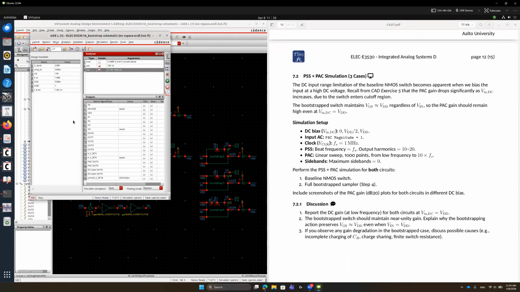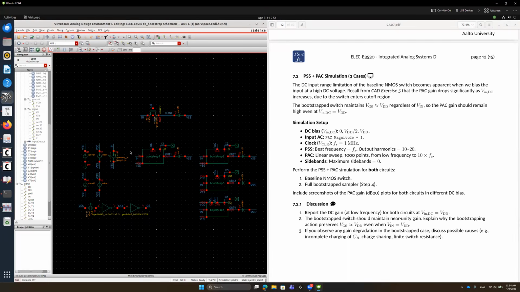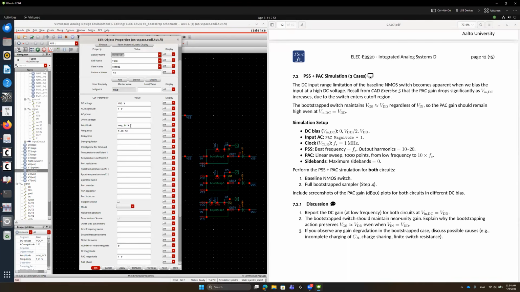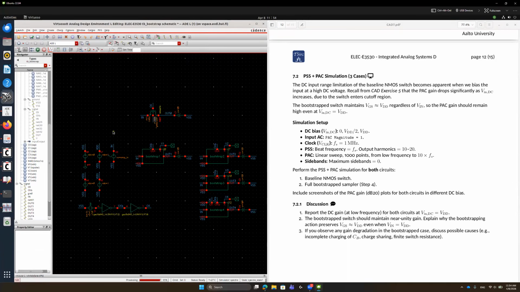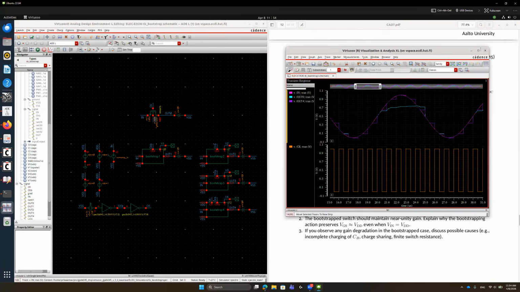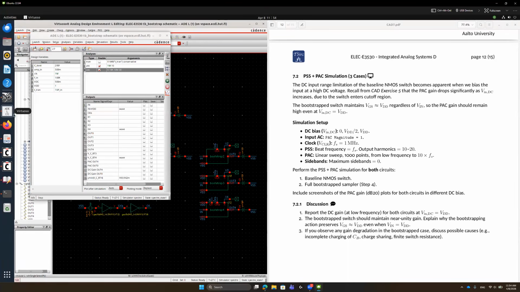So for running the PSS simulation, we need to turn off this frequency setting, because as we discussed, PSS doesn't converge when there are 2 different frequencies which cannot be divided by each other.